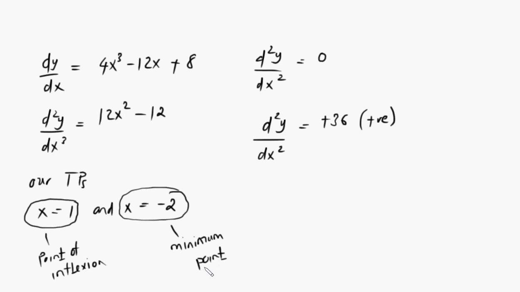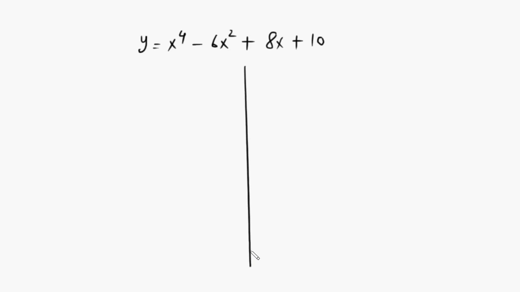Now, from the information we have, we can sketch our curve. The curve of y is equal to x power 4 minus 6x squared plus 8x plus 10. Here we have our y-axis, and then follows our x-axis.